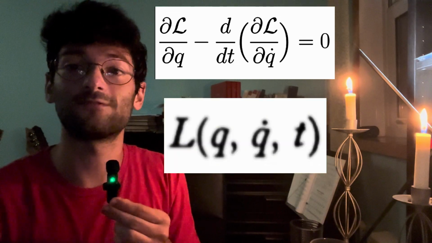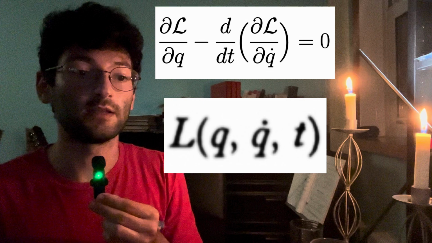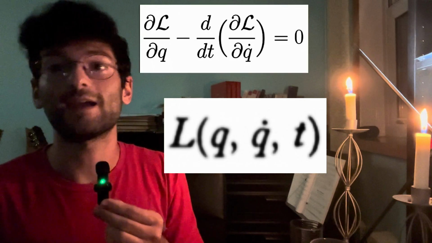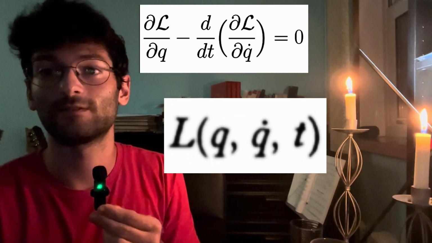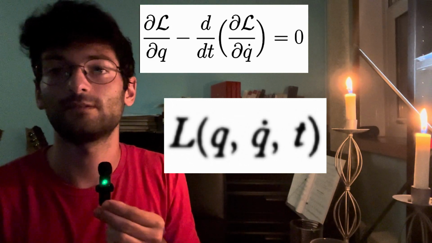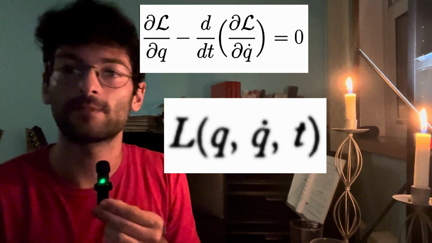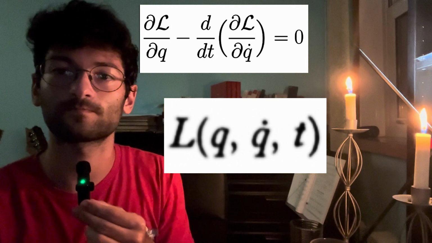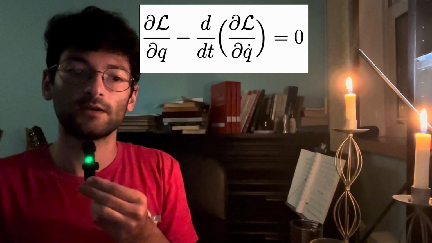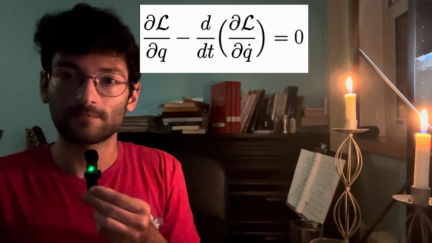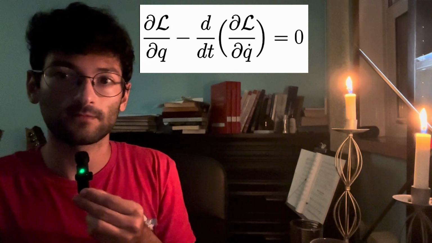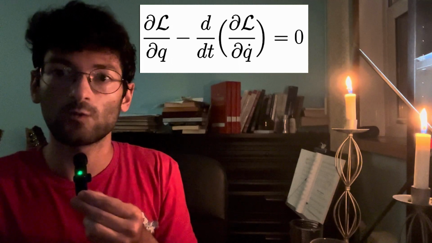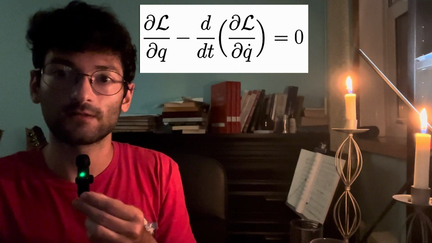So the Lagrangian is a function of both the velocity, the position, and time, as t is the independent variable corresponding to the velocity and position. Lagrange found that the path traversed by every system is the one which minimizes the action.